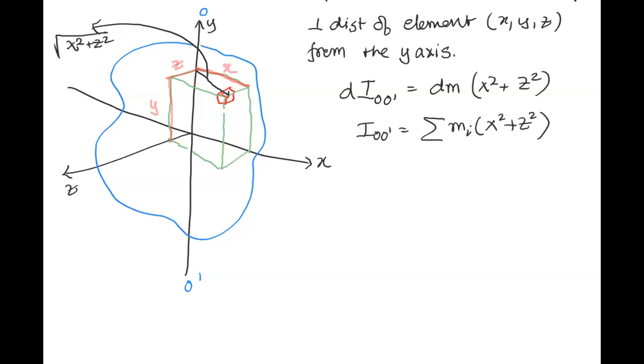Now supposing that this axis is passing through the center of, or let's not worry about the center of mass at the moment. Now supposing that I wish to calculate the moment of inertia of the same object from this axis. Now this axis is parallel to OO dash.